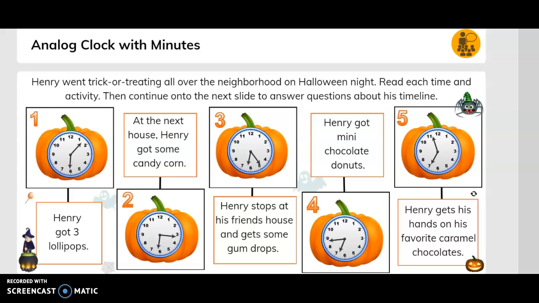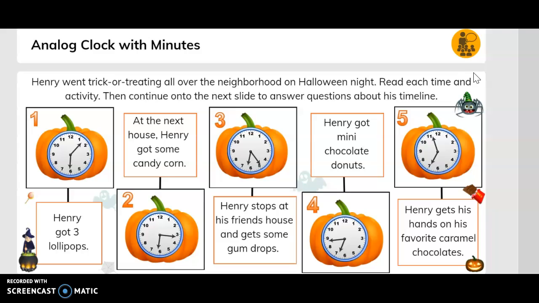Henry went trick-or-treating all over the neighborhood on Halloween night. Read each time and activity, then continue on to the next slide to answer questions about his timeline. So here we're going to take out a sheet of paper and draw Henry's Halloween night.